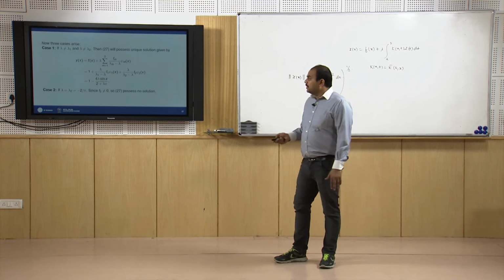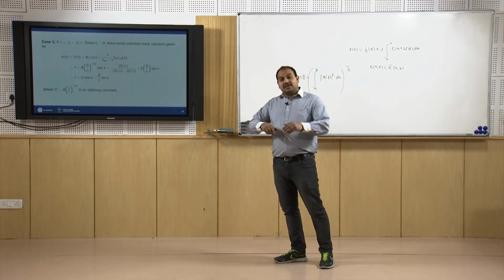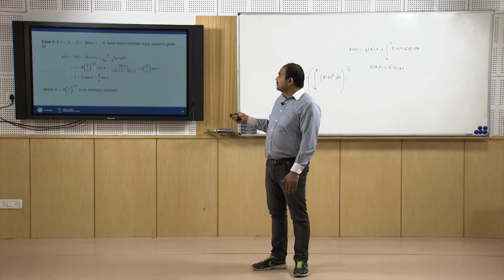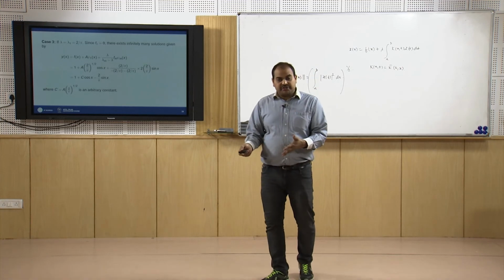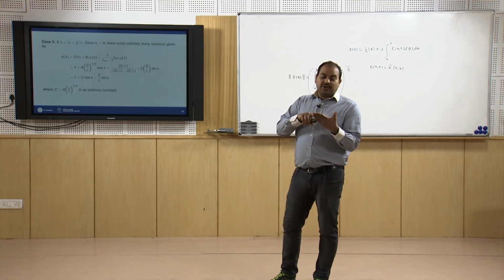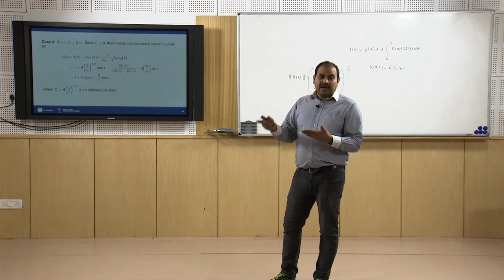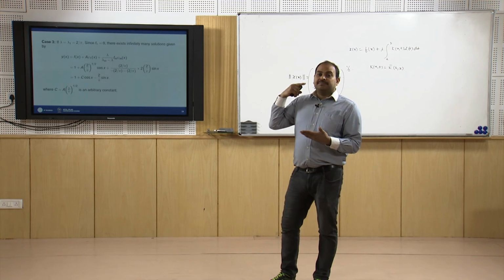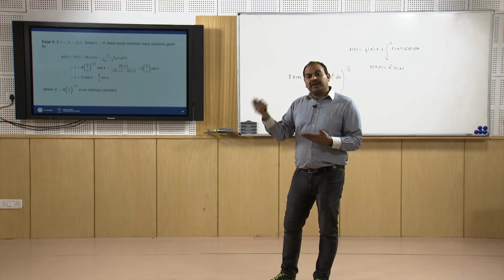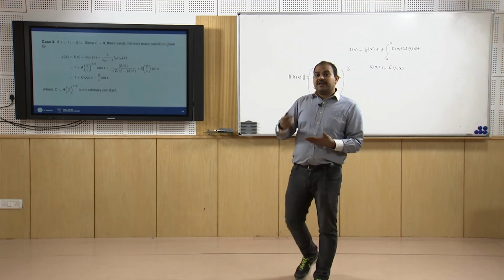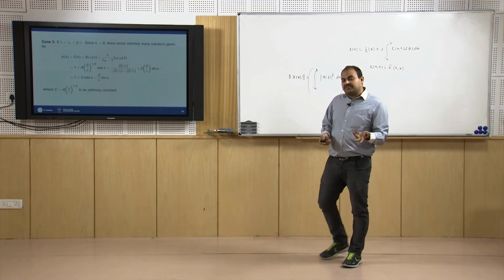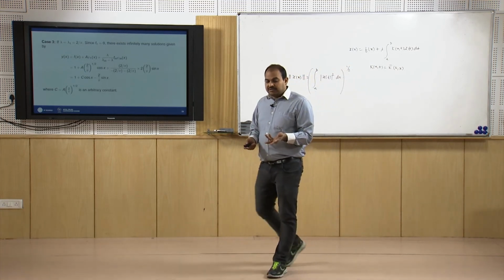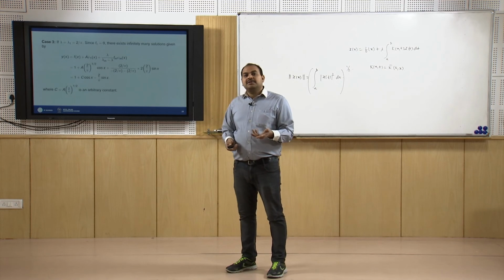But if lambda is one of the eigenvalues and the corresponding Fourier coefficient f1, or f_i, whatever, is 0, it means that when lambda takes an eigenvalue and the non-homogeneous term is orthogonal to the corresponding eigenfunctions, then we have infinitely many solutions.